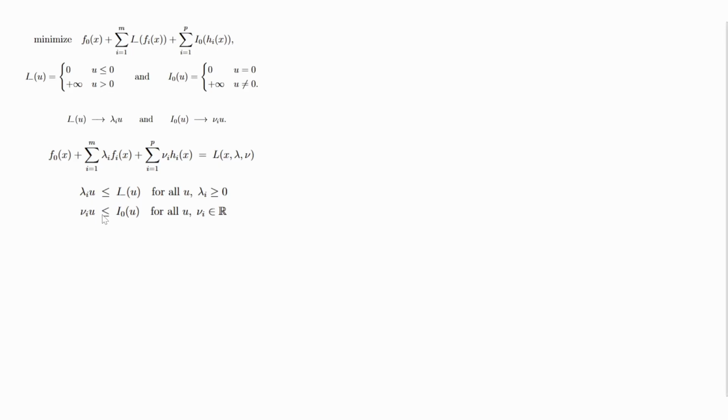Likewise, v I of u is always less than or equal to I of 0 u. So this is exactly why g of lambda v is less than or equal to p star, which we saw earlier. The soft version of the problem is always easier than the hard version, so its optimal value is always lower.